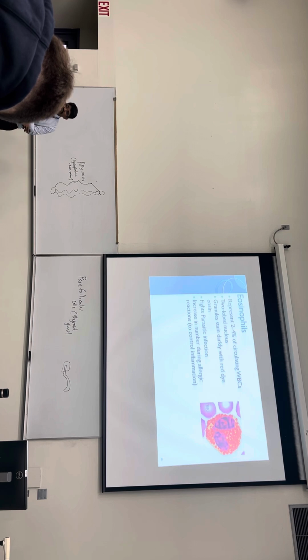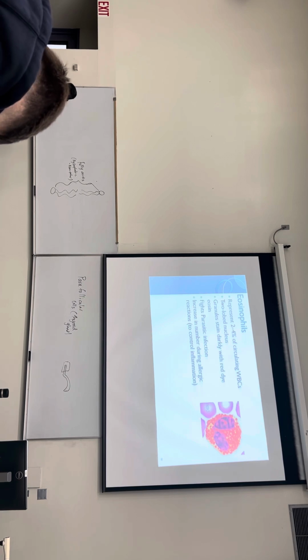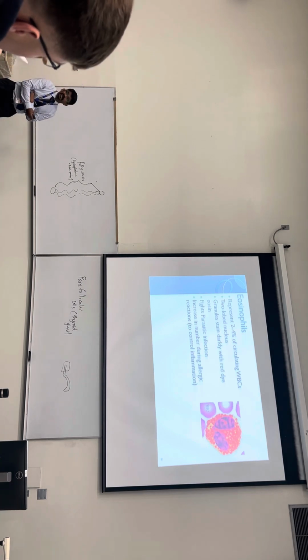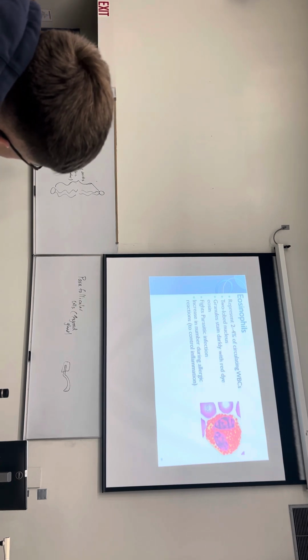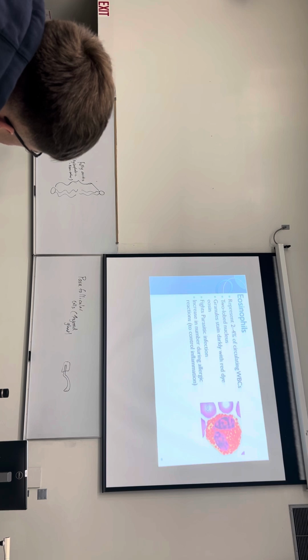So these kind of control and dampen inflammation. So that's our eosinophils because they contain antihistamine. So 2 functions: they fight parasites, and they contain antihistamine, so they dampen inflammation. You don't want too much.